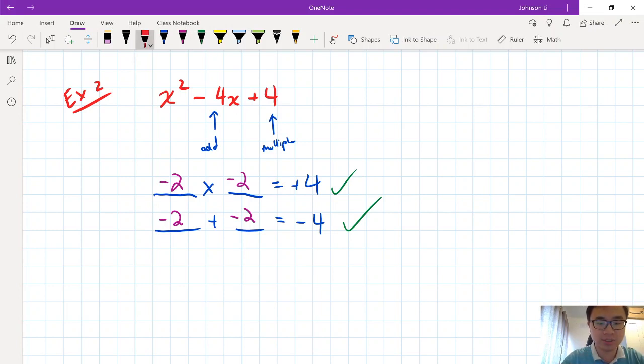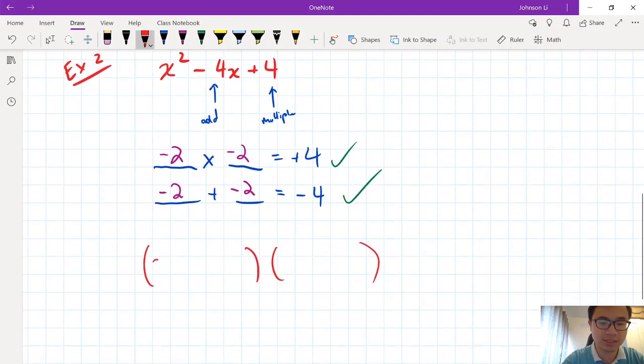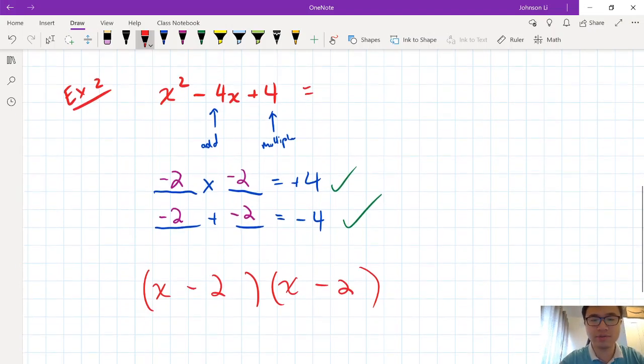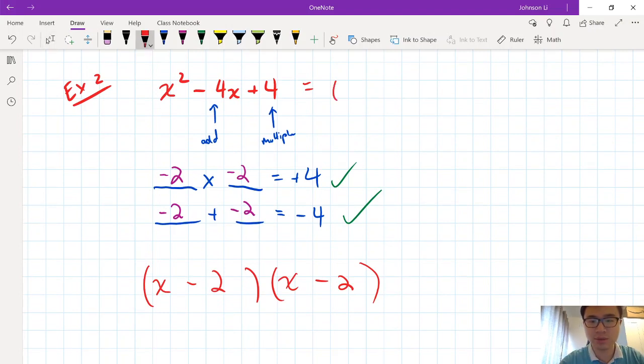So for the final answer, we're going to put double brackets. We're going to put a singular x in each, and we're going to copy down these numbers, minus 2, minus 2. So our final answer, if we convert this trinomial into binomials, is x minus 2, x minus 2.